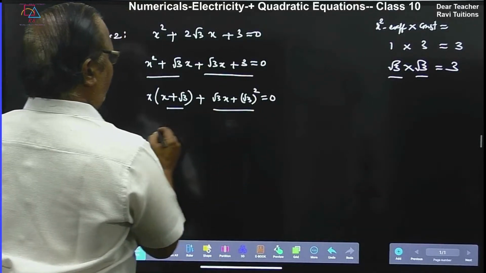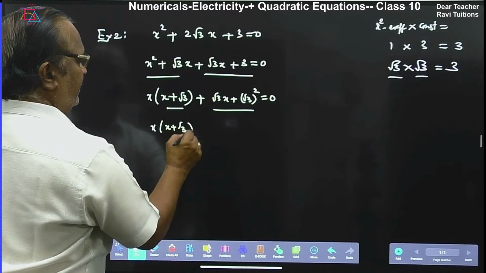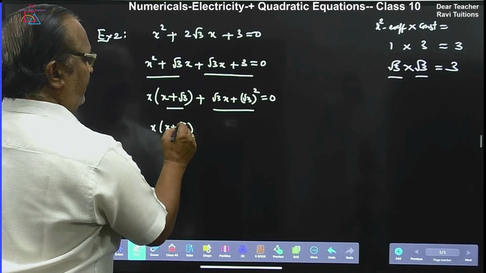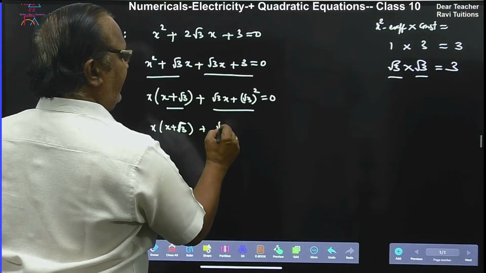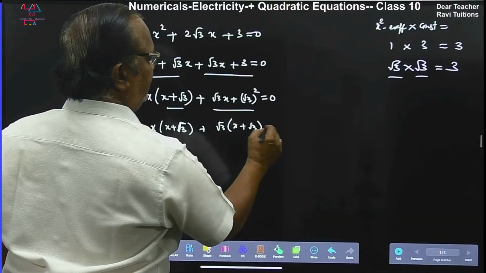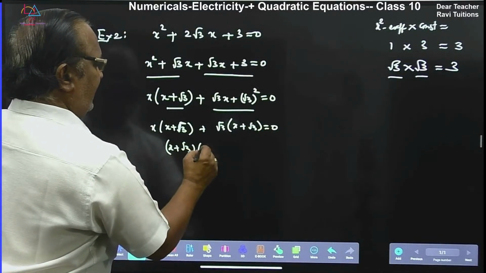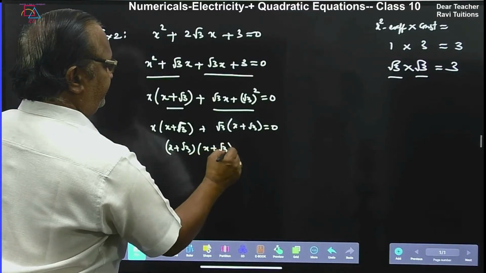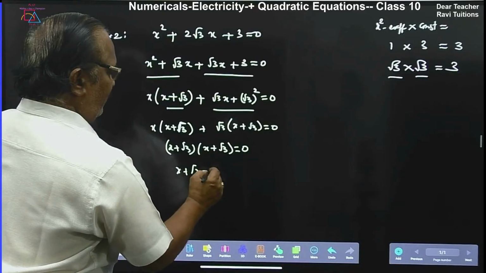Now you take common: x into x plus root 3, plus root 3 common, x plus root 3 is equal to 0. So x plus root 3 into x plus root 3. Both are equal factors.